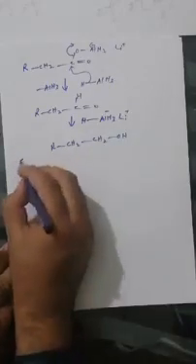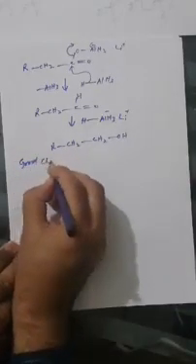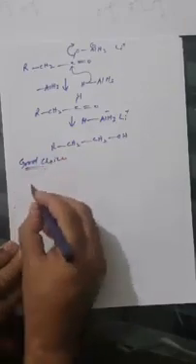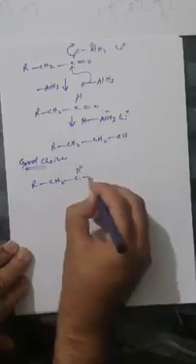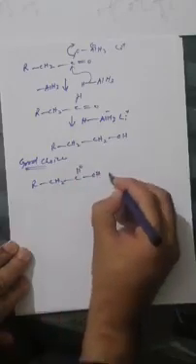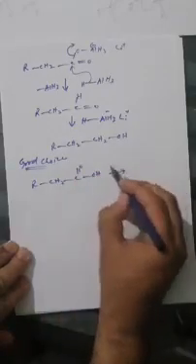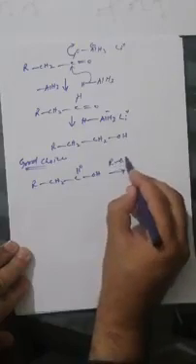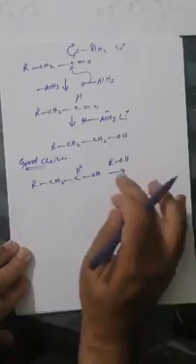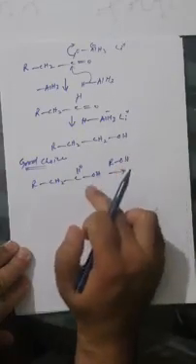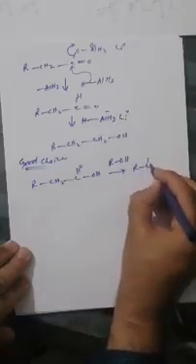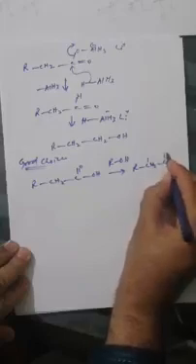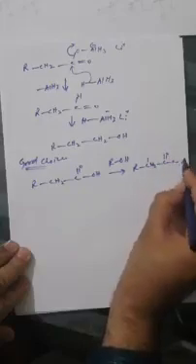So what is a good choice? Good choice is that you should first convert these carboxylic acids into an ester by reacting with alcohols. When alcohol reacts with carboxylic acid, you get an ester.